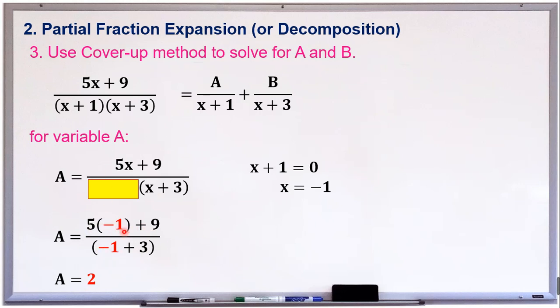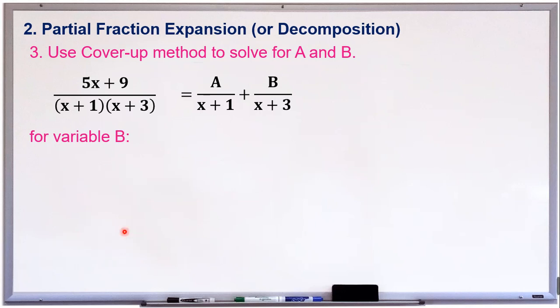Now let's try for variable b. The same as a, write the expression, then cover the factor that is used for our second partial fraction, or simple fraction, that is for b, and then equate the factor for b, that is x plus 3, to 0, and then solve for x.